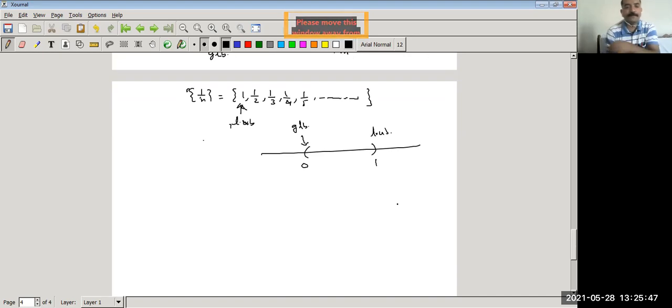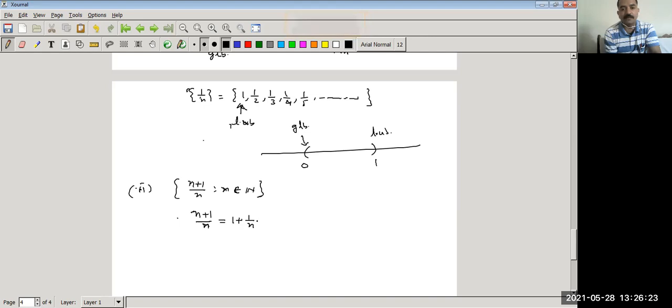In the same way, find the LUB and GLB of the set n plus 1 upon n, so that n belongs to natural number. So n plus 1 upon n, we can write this as 1 plus 1 upon n.